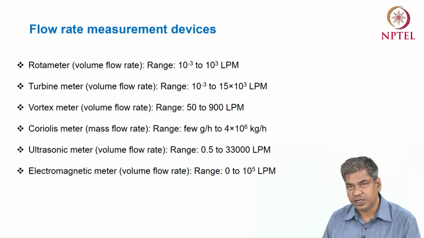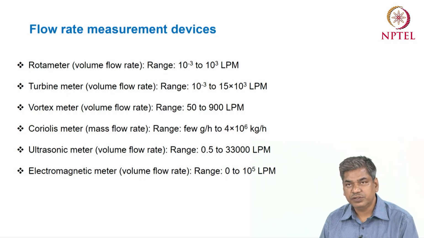Apart from this, we can also use the ultrasonic meter. For this case there is basically an interrelation between the ultrasonic signal and the flow rate. Then we can also use the electromagnetic meter, which is also used for volume flow rate measurement.